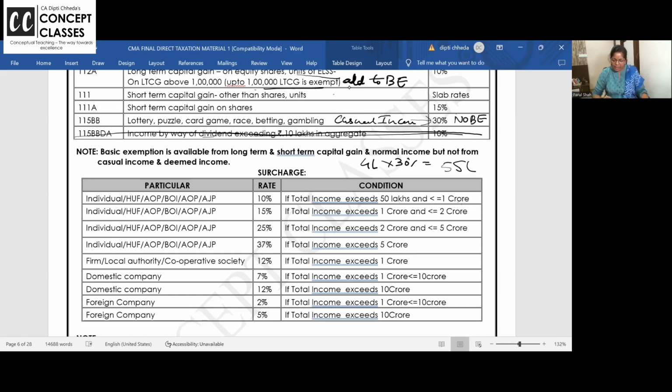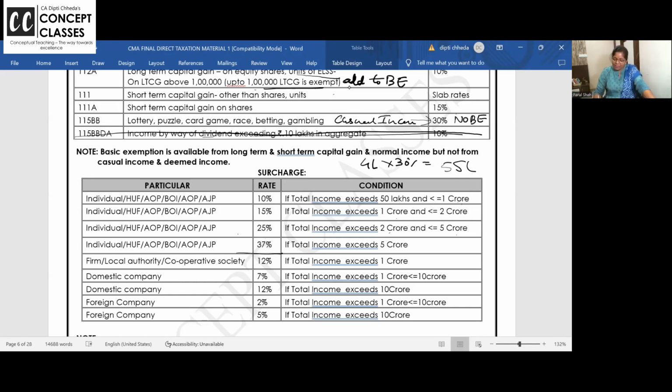10%. Okay. If it is 1 crore to 2 crore, 15%. 2 crore to 5 crore, 25%. If your income exceeds 5 crores, whatever tax you have calculated, on that tax, 37%. You know, in India, we are paying huge taxes.